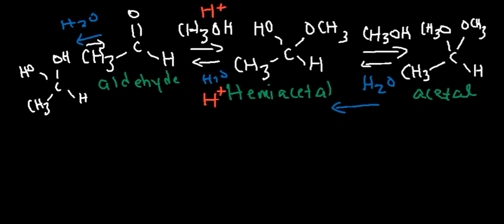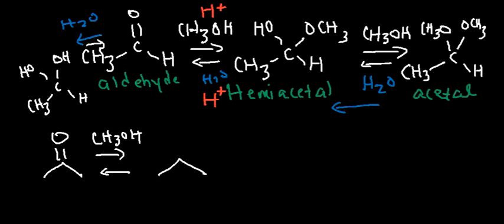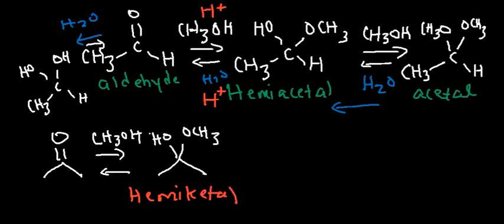Now let's say we have a ketone. If we add an alcohol to it, we're going to get something called a hemiketal. Ketals come from ketones.